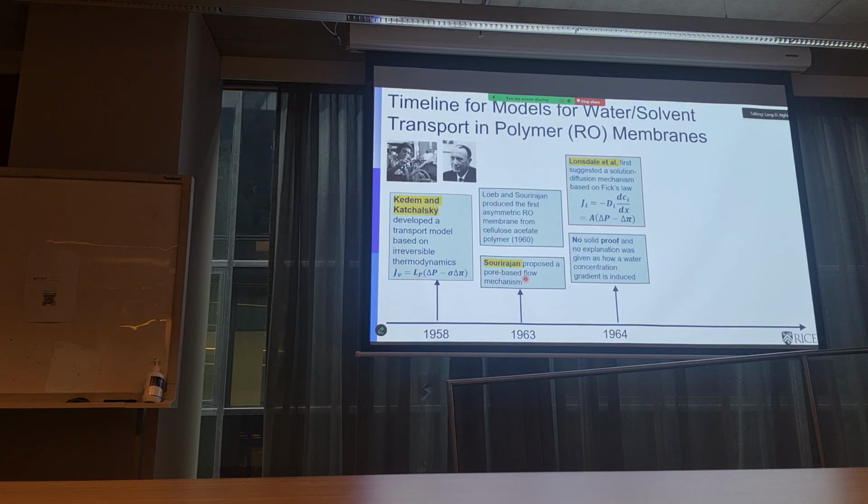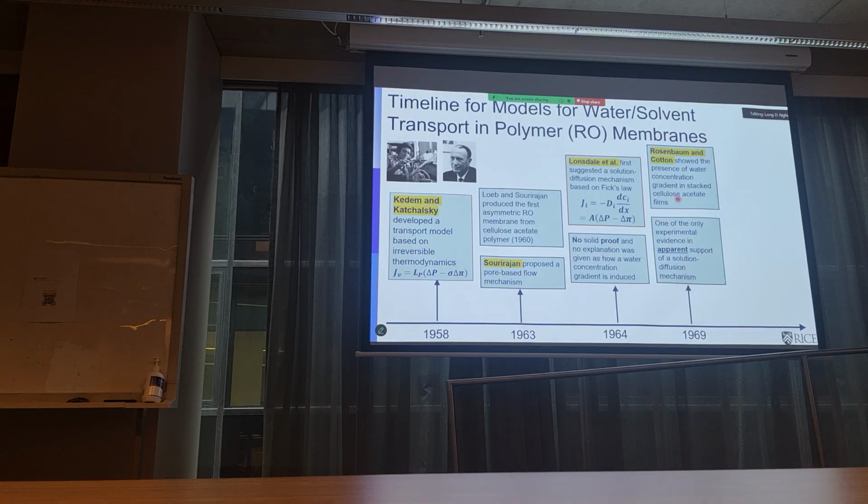And then in 1964, Lonsdale et al. first suggested a solution diffusion mechanism, or Fick's law, for water transport, like what I described to you, and they gave this equation without proof. It's exactly the same equation: Lp is like A, assuming that the reflection coefficient is 1, and they gave this equation without proof.